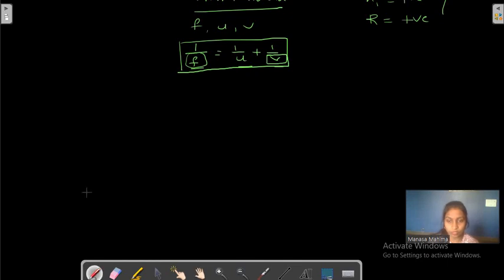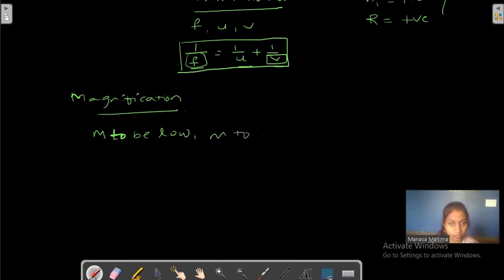Okay, next, there is one more concept called magnification. What does the word imply? Do you know the meaning of magnify? To see an enlarged image, right? Sometimes you may see the magnification to be low, sometimes M to be very high.